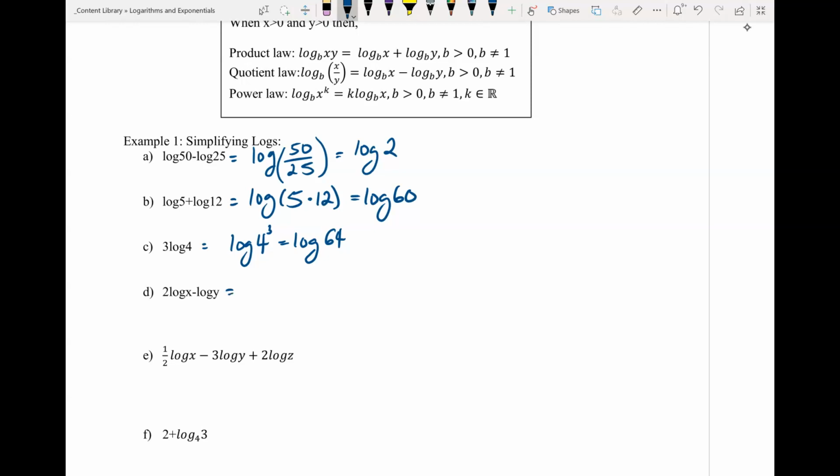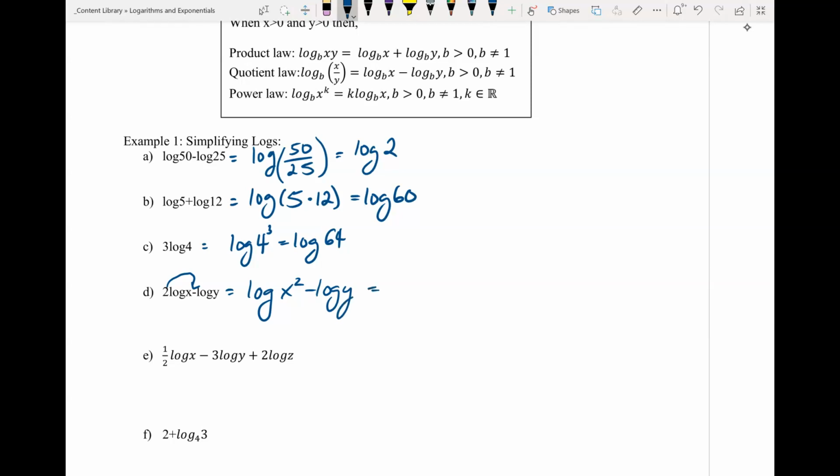For our next example, this is a two-part type of question. I'm going to focus on the specific term first, one term at a time, and then I'll combine it after. So here I can see that I have a power law that I can utilize by putting this 2 back in with the x. So it becomes log x squared minus log y.